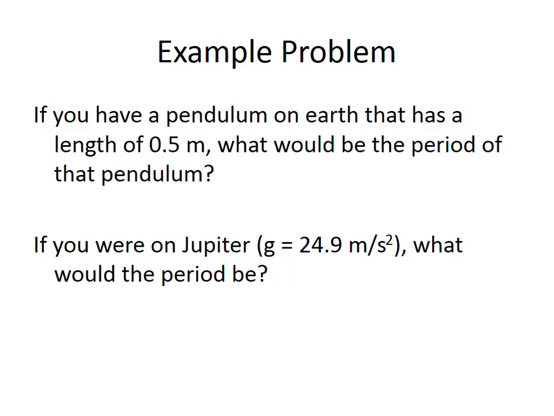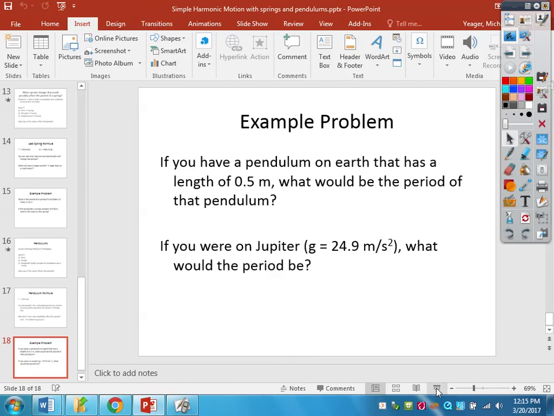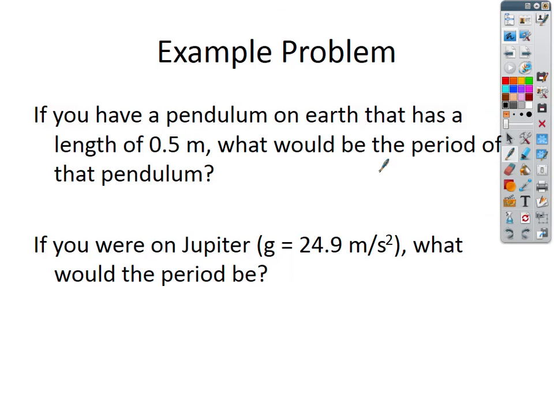All right. So if we do a quick problem, I think this is the end. We'll go through it together one more time. Yep, we're on the last slide. If you have a pendulum on Earth that has a length of 0.5 meters, what would be the period of the pendulum? So T would equal 2 pi times the square root of 0.5 over 10. I just like to use 10. Again, you can use 9.8. In AP Physics, they're encouraged to use 10. The AP committee says use 10.